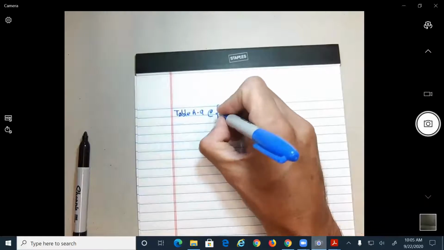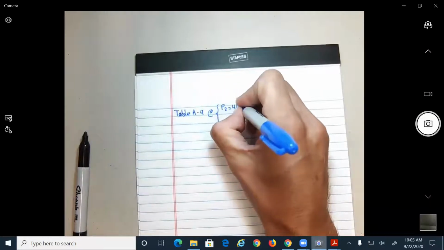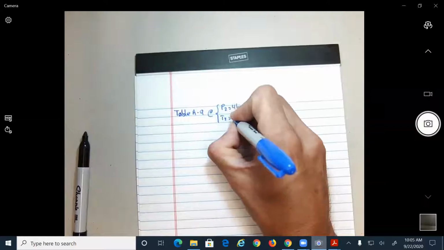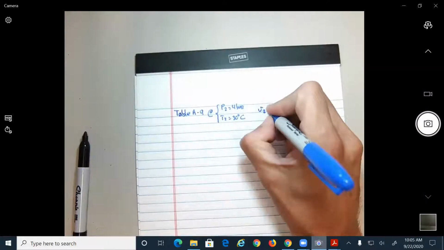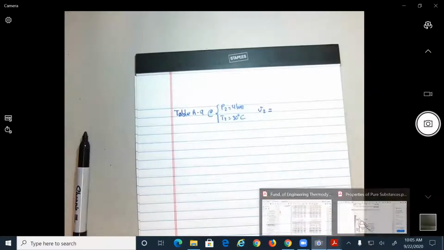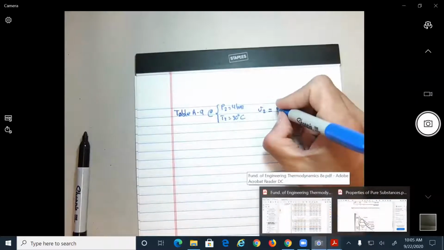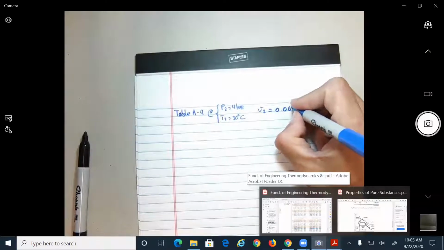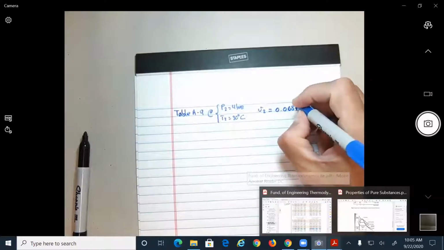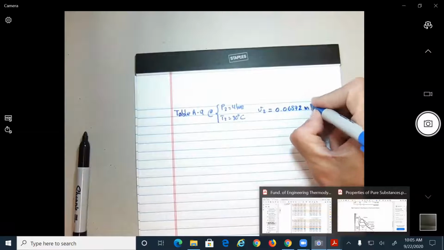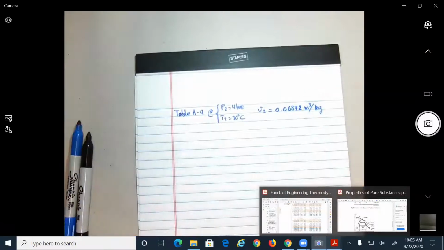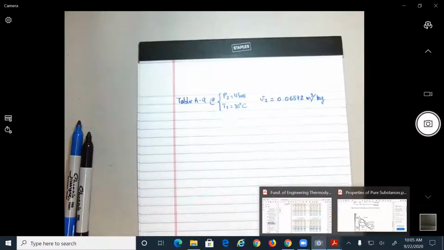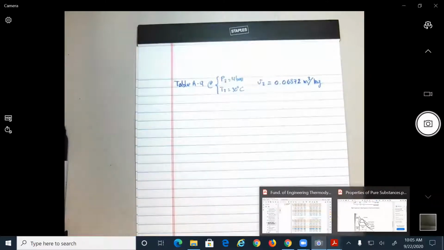So you know P2 equals 4 bars, T2 equals 30 degrees Celsius, we find that V2 is equal to 0.0687 cubic meters per kilogram. Okay, so this one, we're not going to need this one anymore.